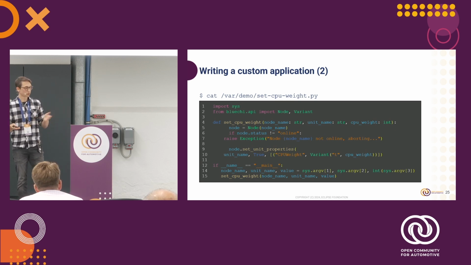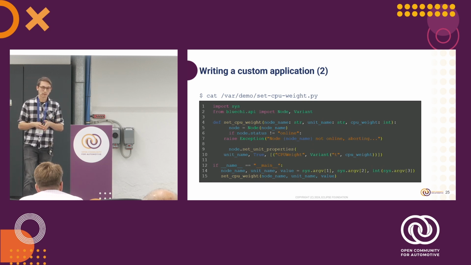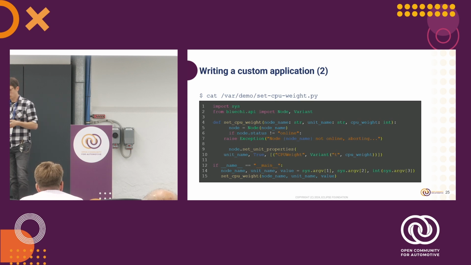And then we call the function, where we create in line 5 essentially a node proxy based on the node name, checking the node status in the next line, in line 6, if it is online or offline. If it is offline, we just raise an exception, and if it is online, we call the set unit properties with the specified unit name and CPU weight.